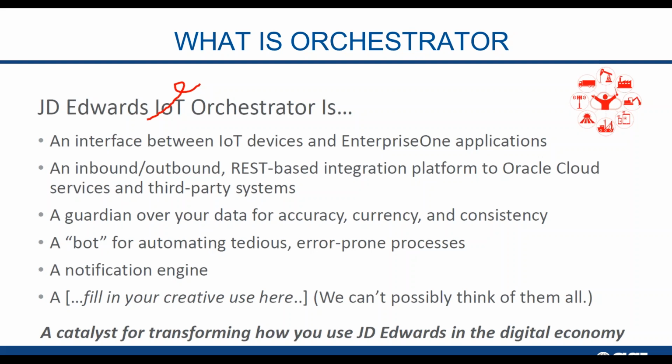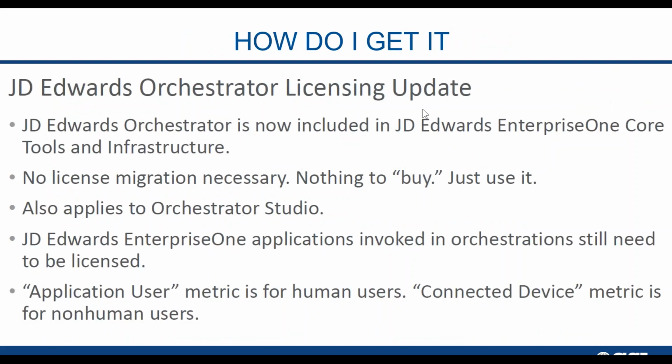And if you notice the last line, you could use it for a myriad of things, so it's more than just what I've spoken to. It really is that catalyst to bring your organization into the digital age and to help you and your organization succeed. So now, how do you get the Orchestrator, right?